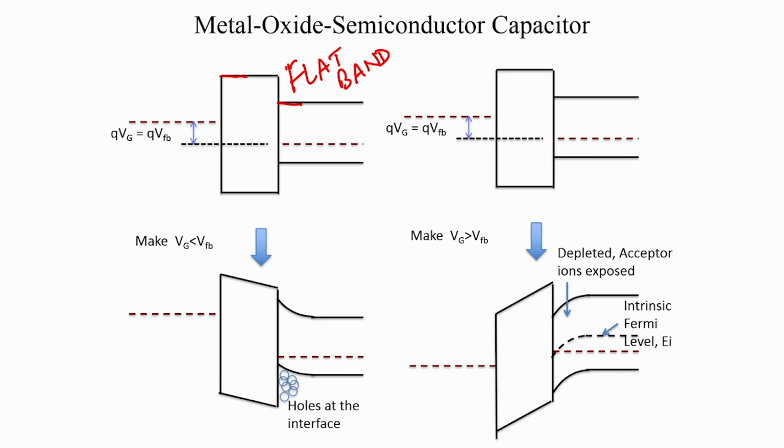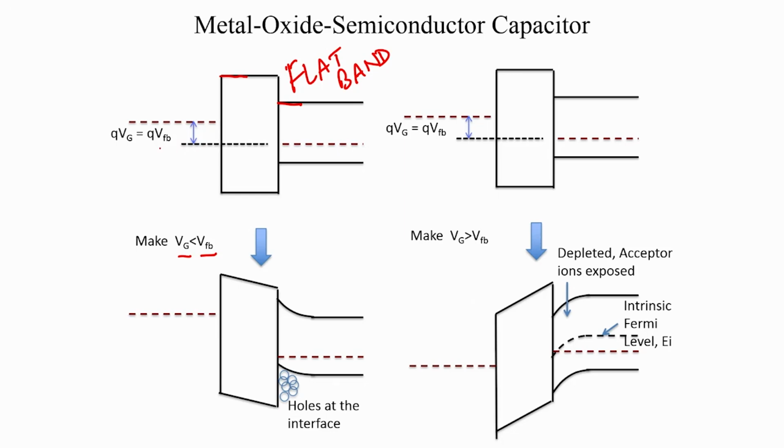So, now let us say we start making Vg less than VFB. Okay. So, we have already applied a negative voltage here, we start making it more and more negative.